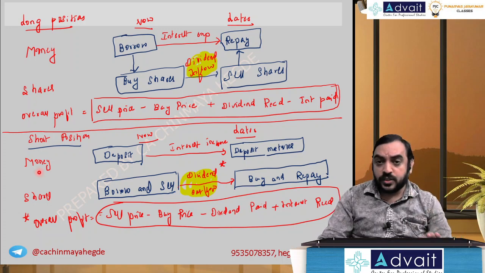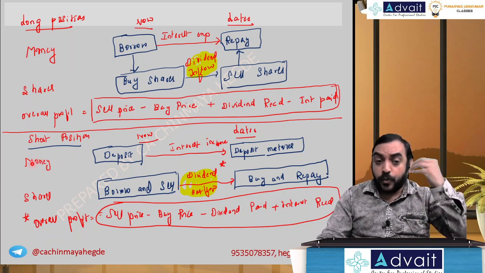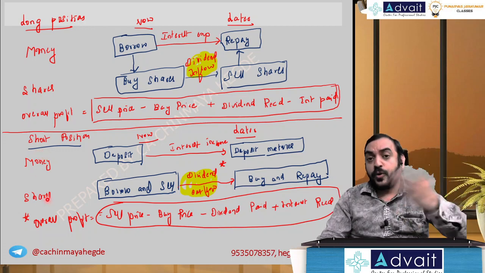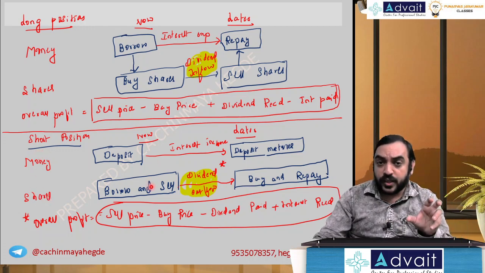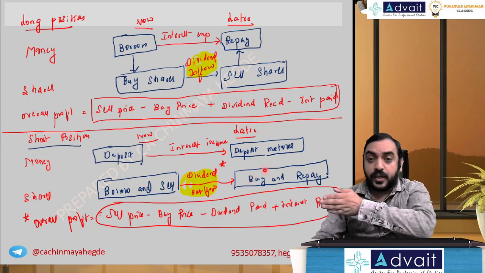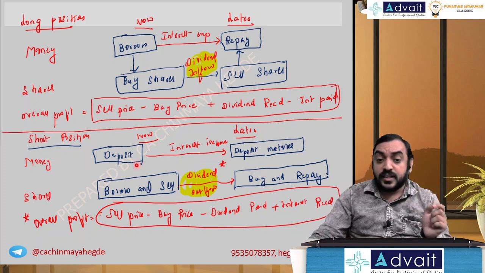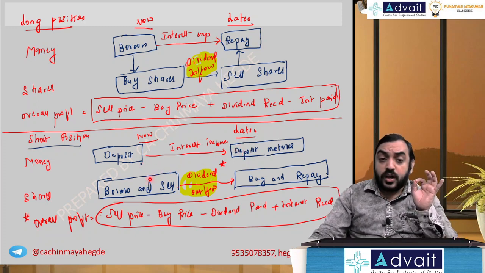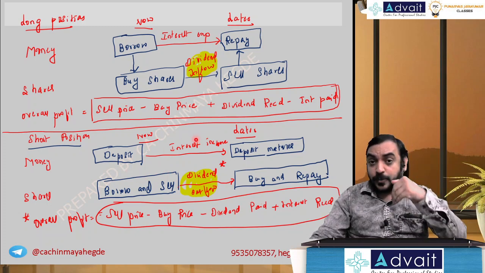In short position, the money you deposit, and the shares you borrow and sell. You borrow today and sell the share. Later, you buy and repay. And where do you get the money? The deposit matures. So on the deposit, you get interest income.